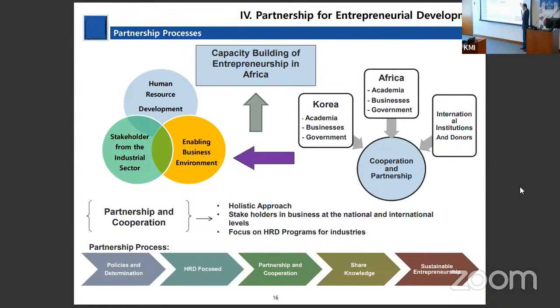Even I can put the USA here. We work together in good cooperation and partnership, and it will bring an enabling business environment and human resource development. All the stakeholders from the industrial sector work together. These are the partnership processes, which start with good policies and determination. You can have a look later on.